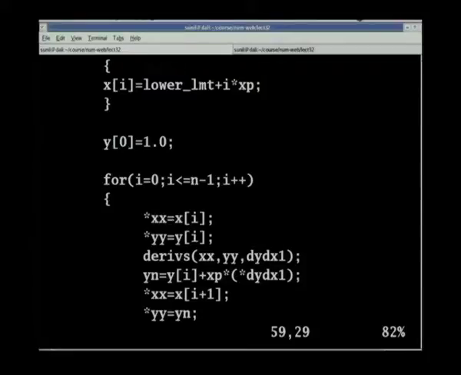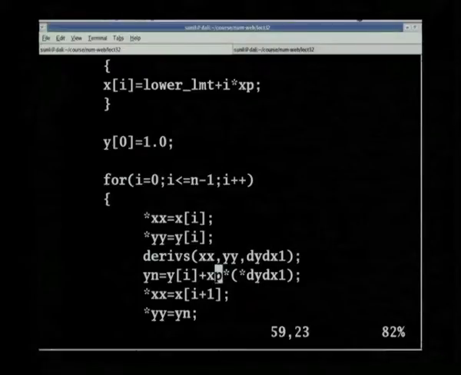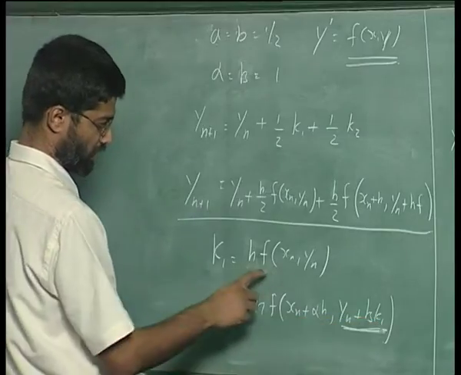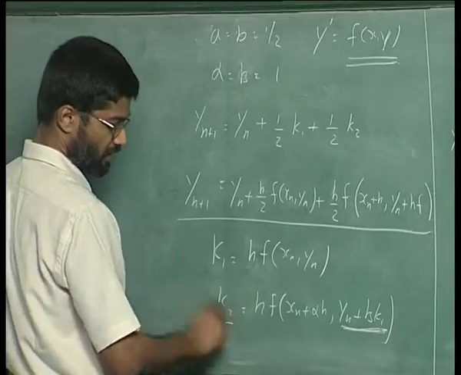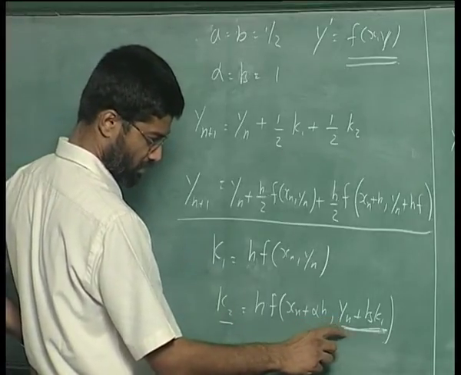Now, remember I need to compute this quantity. To compute k 2 I need to first know this point, that is y n plus beta k 1. So, k 1 is h times f of x and y n, and so I need to compute this quantity.